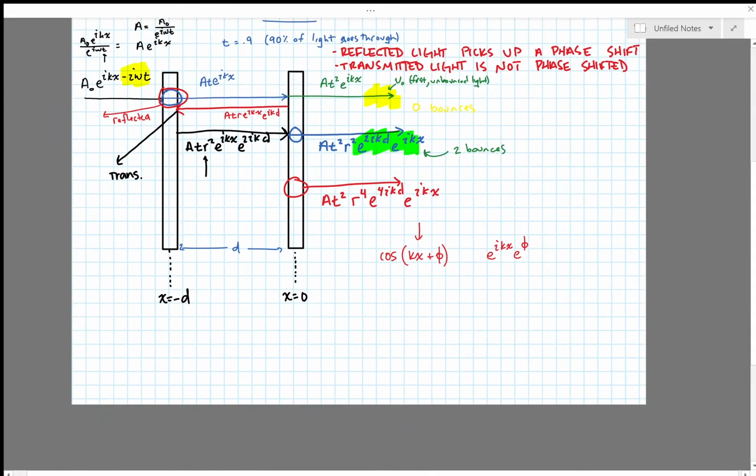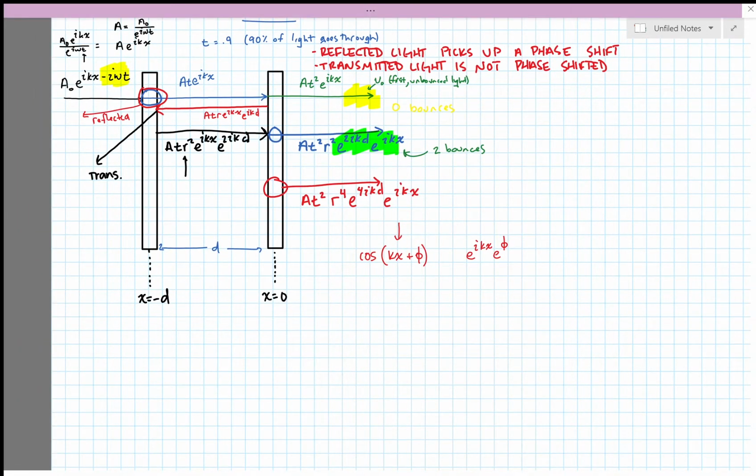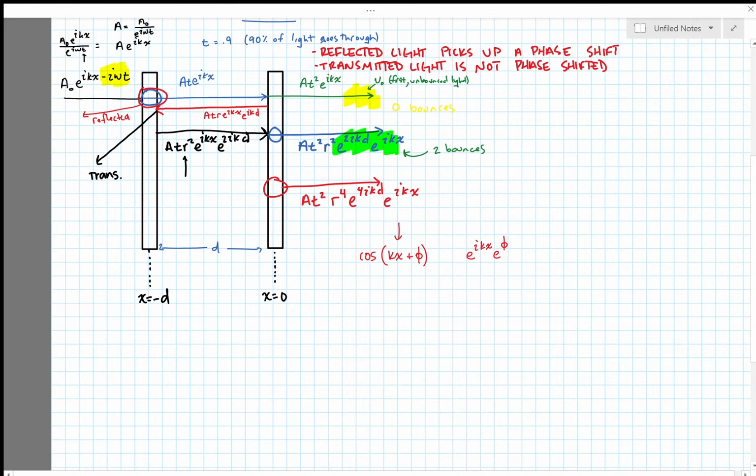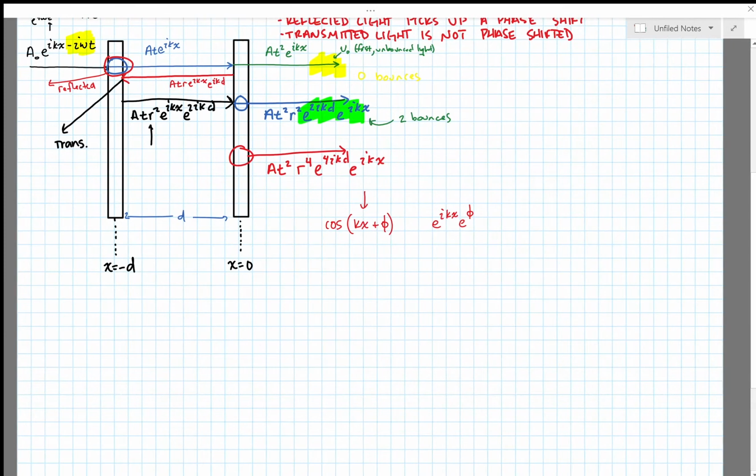And now if we look at our light, I know the video is getting long, but we're right there. Now all of the light that comes out is going to be an infinite sum. Or well, let's just look at the sum, because light is a sum of all of the component waves.